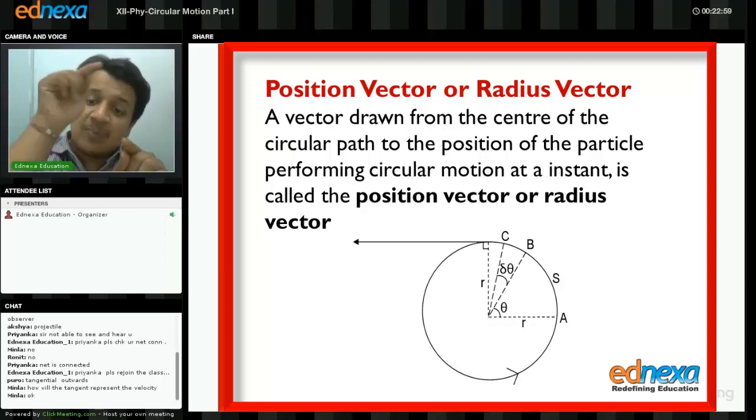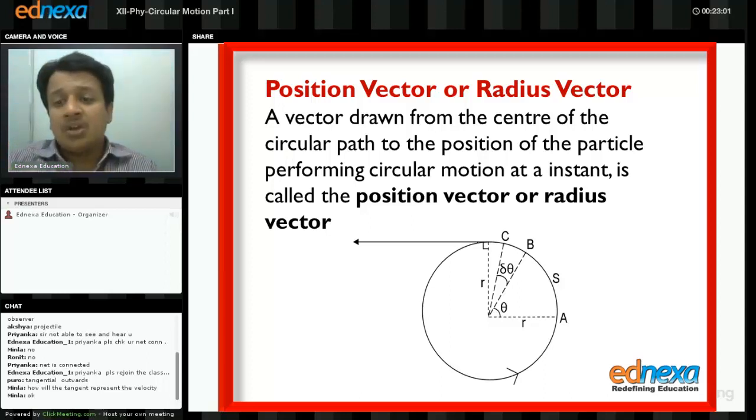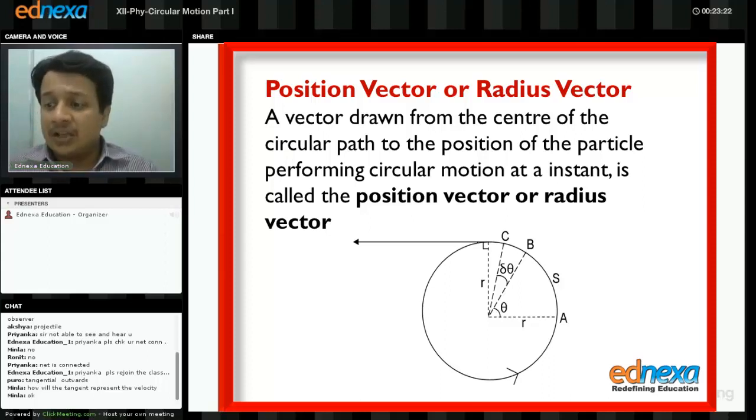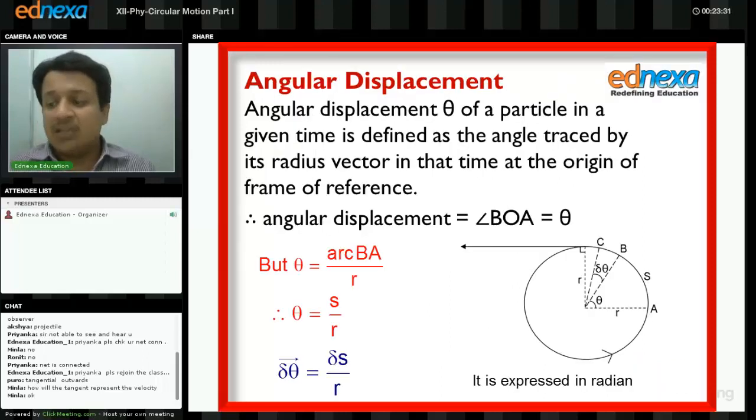After some time it will reach at point C, so position vector will be OC. Is it right? Like this way, what will that position vector or radius vector indicate? That radius vector will indicate position of the particle at that instant. Okay, getting it? I will proceed further. Next concept, that is angular displacement.